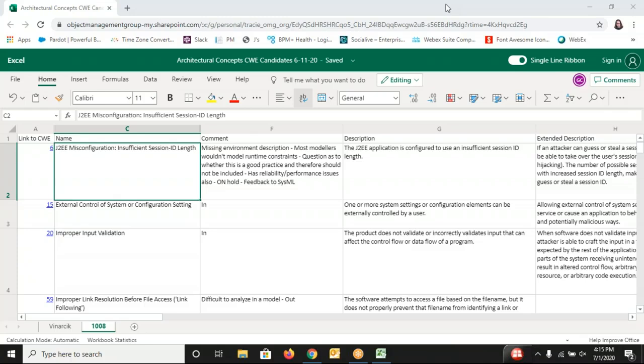No, I mean, the bottom line is we're back to: is the model capturing the system description at a level that we can detect the weakness or not?